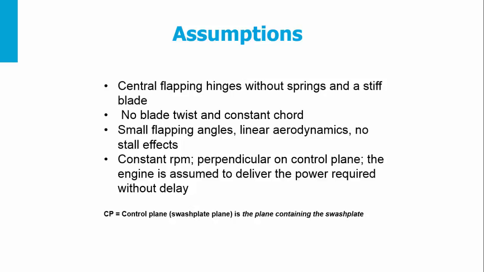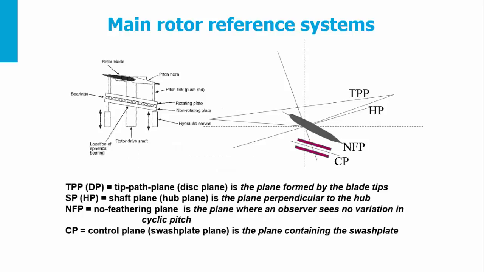What is the control plane? If you remember, we were discussing the tip-path plane, and we defined the tip-path plane as the plane formed by the blade tips. We used this plane for power calculation. However, one can also use the shaft plane as a plane of reference.